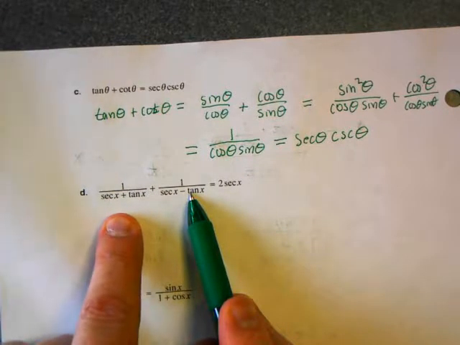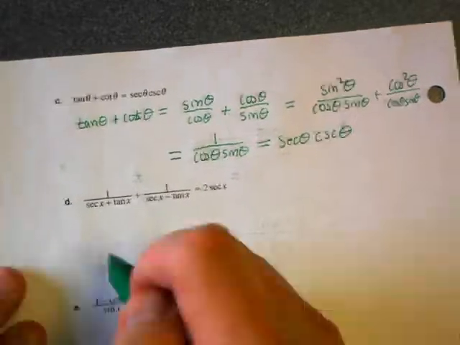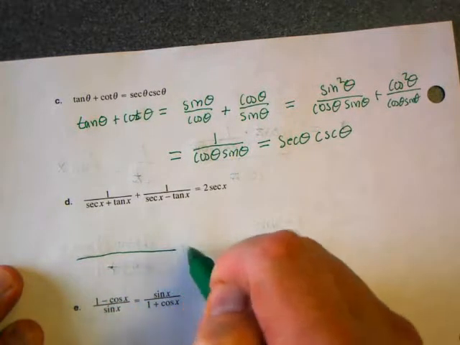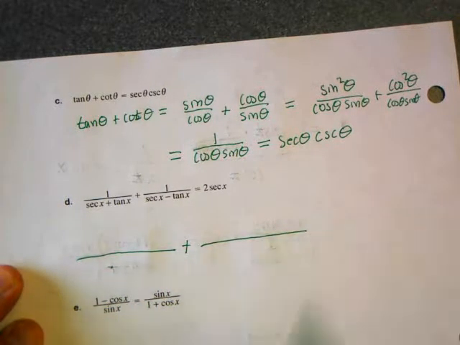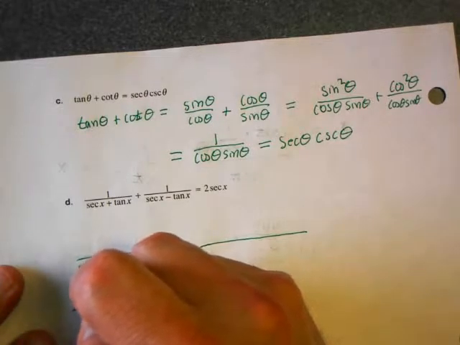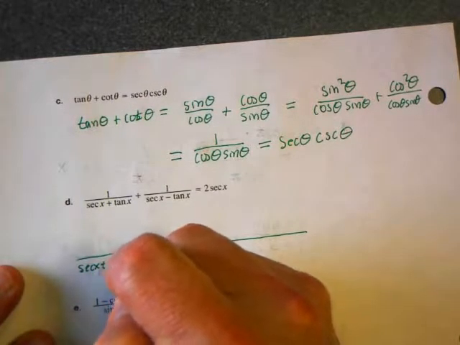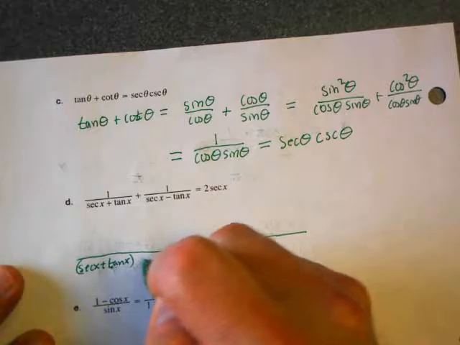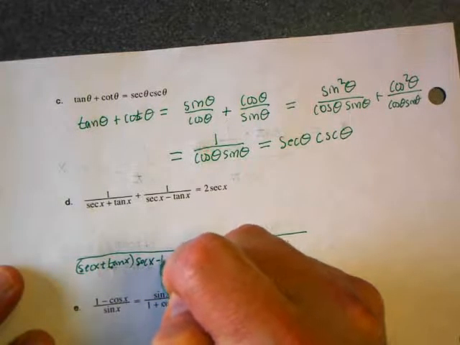When we have two fractions, we need a common denominator. The common denominator is multiply those two things together. That's right. That's always a common denominator. So our common denominator, we're going to have secant x plus tangent x, and then secant x minus tangent x.